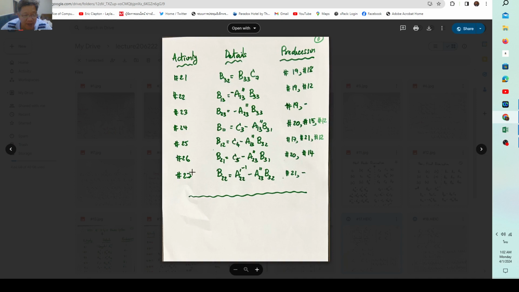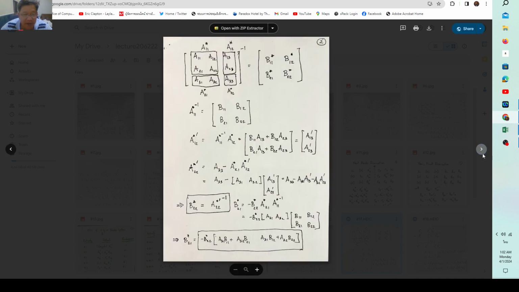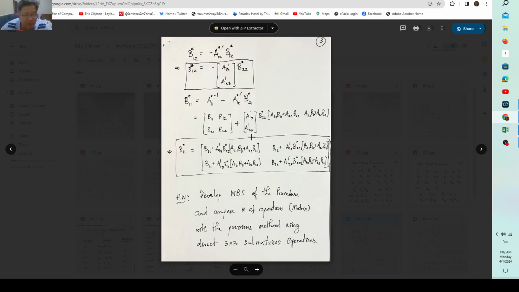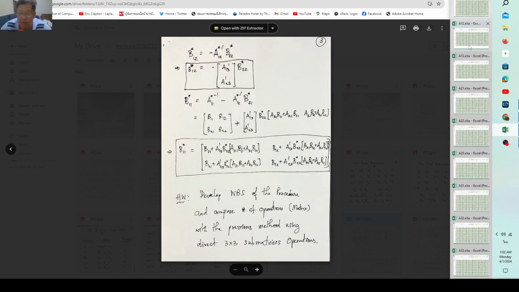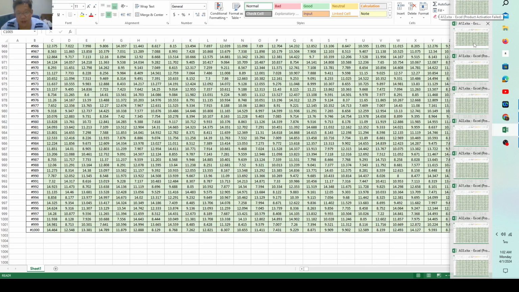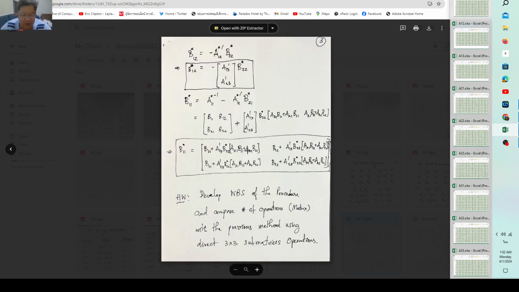One is here, already established 27 steps, but this one we haven't broken down how many steps you need to compute. But we have the test problem of the size 3000 by 3000 where each submatrix is 1000 by 1000, kept in the separate file over here.